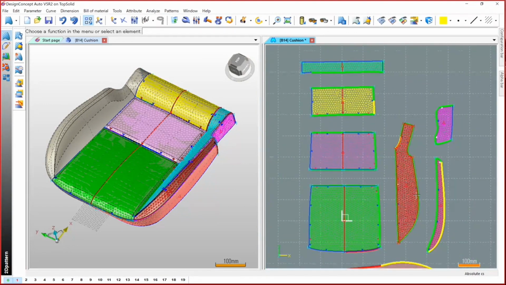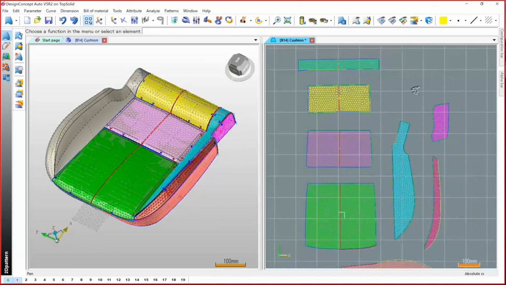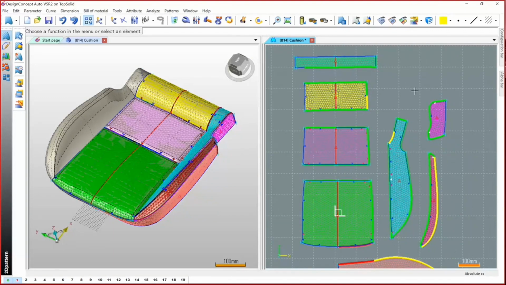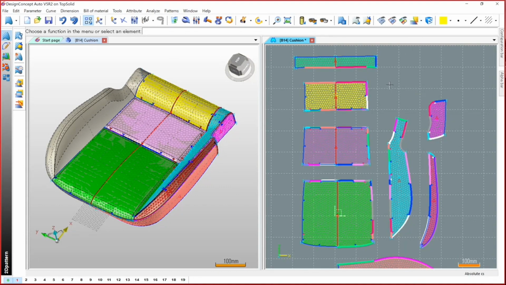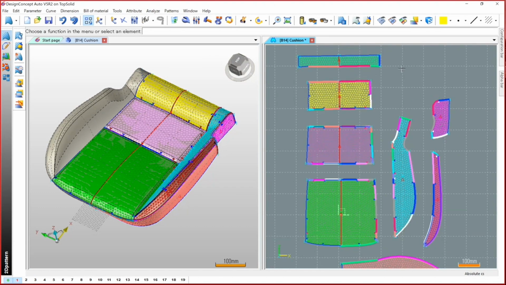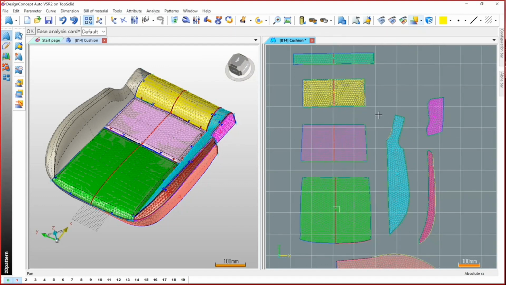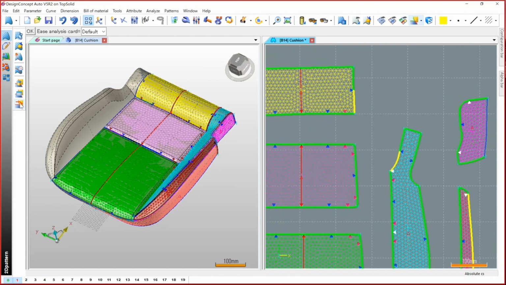Now going into the design fixation process, as Izuka-san showed, on the right side data, area to area, you see some length differences for the sewing.